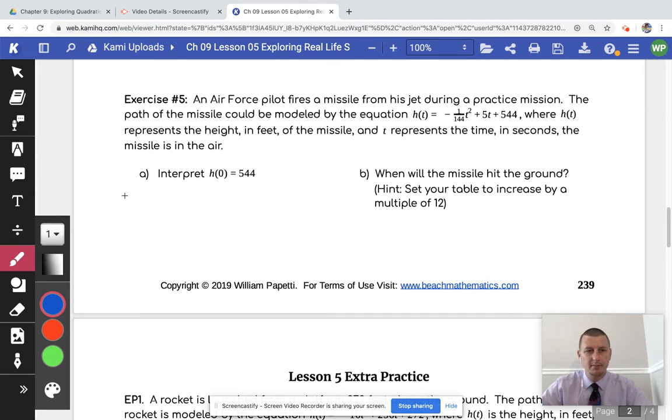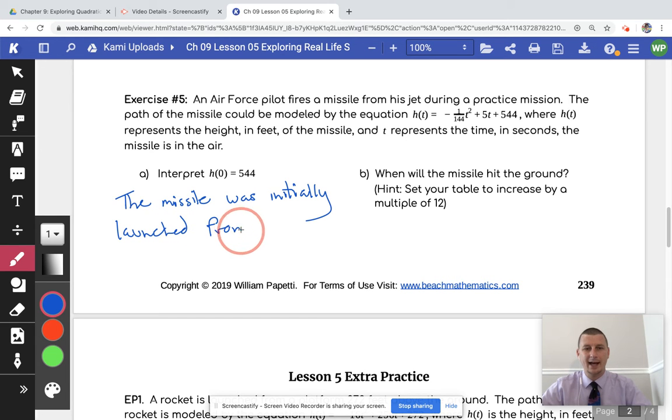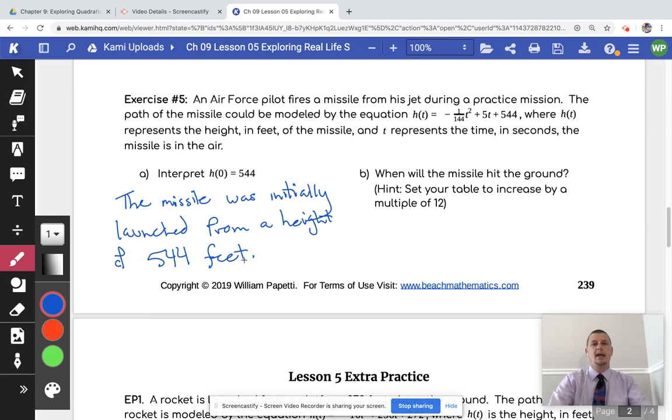So the missile was initially launched, we'll use that keyword initially, launched from a height of 544 feet. So now that we know that information, because again, it's asking you what the y-intercept is, and the y-intercept is the initial amount, and in this case, the initial amount is the height of the missile.